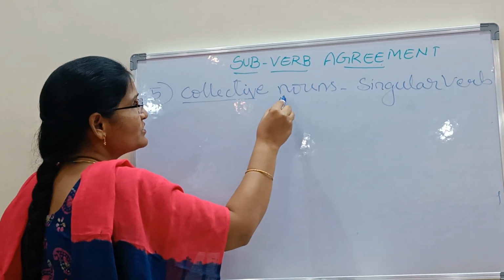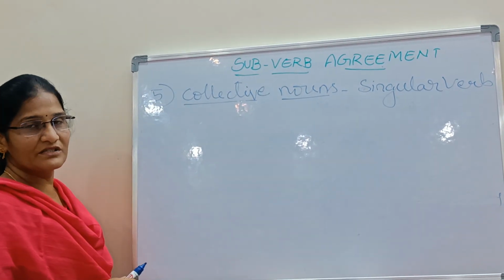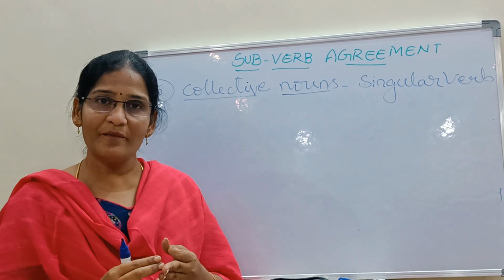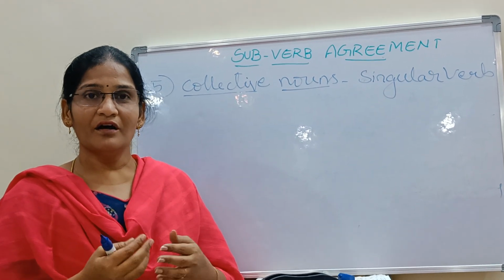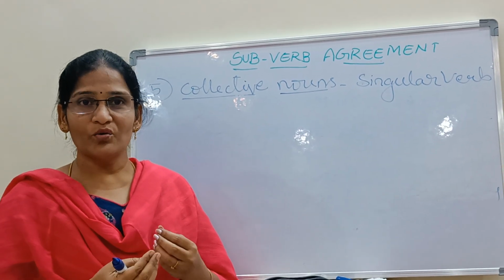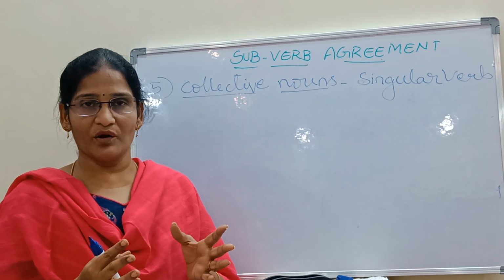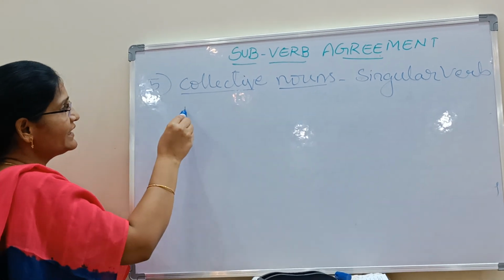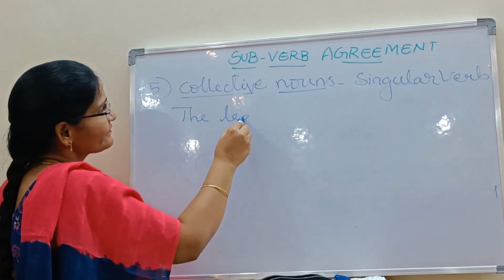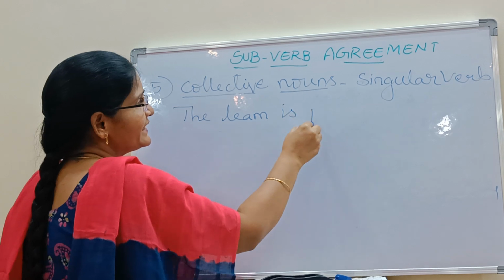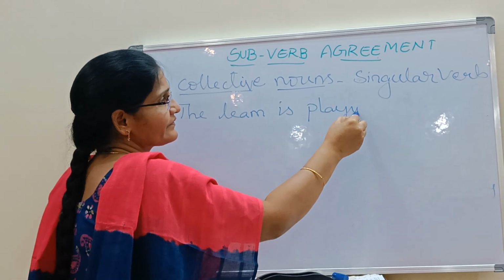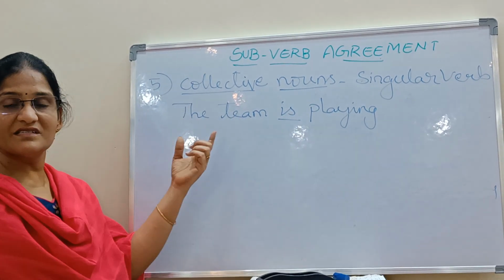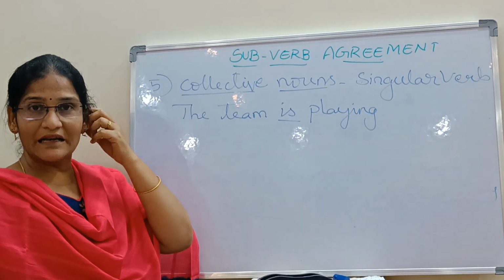What are the collective nouns? We have different collective nouns, like team, class, family, school, herd, crowd, committee. All these are collective nouns. Now I say, the team is playing today. Here I have used the singular, whereas team is the collective noun.